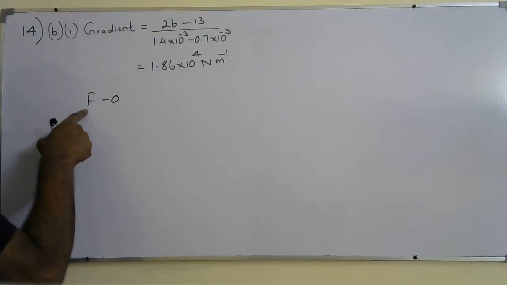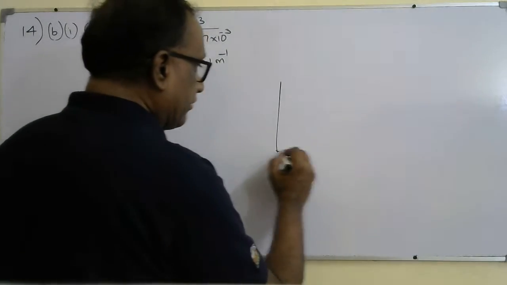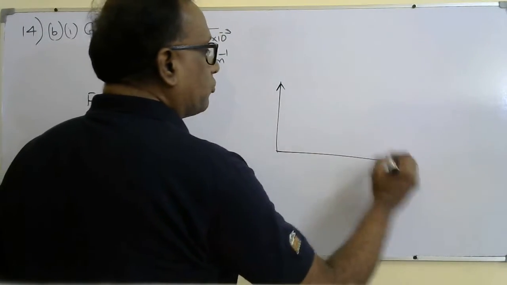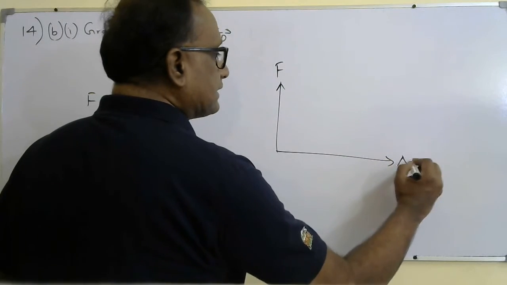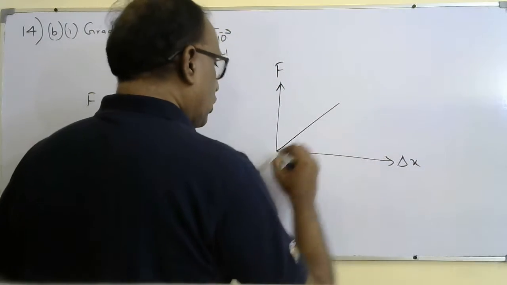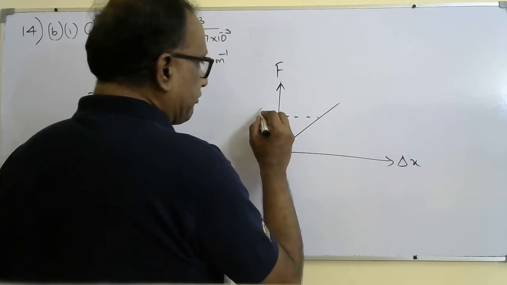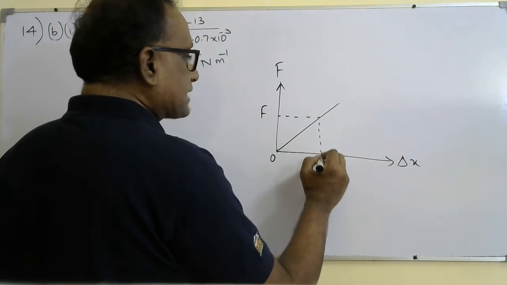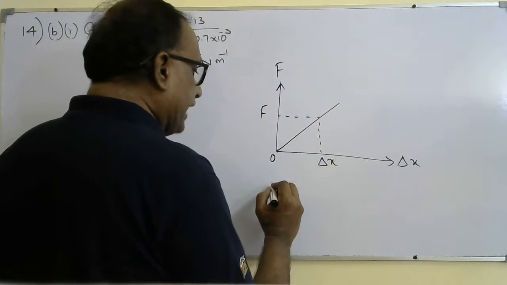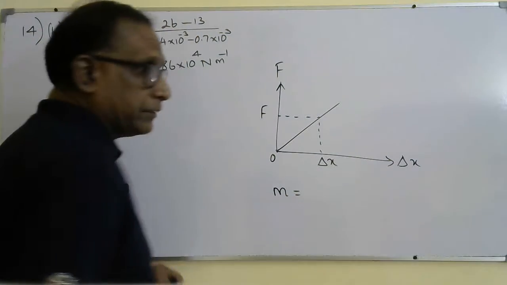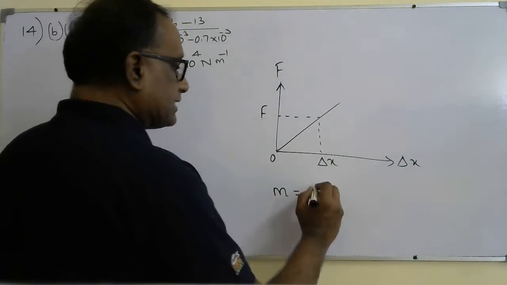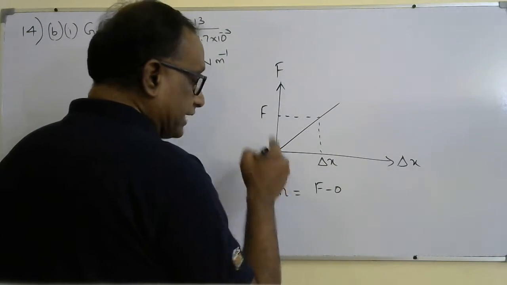Rather than saying change in force, I can say force, since the graph is passing through the origin. There's a particular force F and this is the relevant extension. The gradient, normally denoted by m, equals F minus 0 over delta x minus 0, taking the origin.